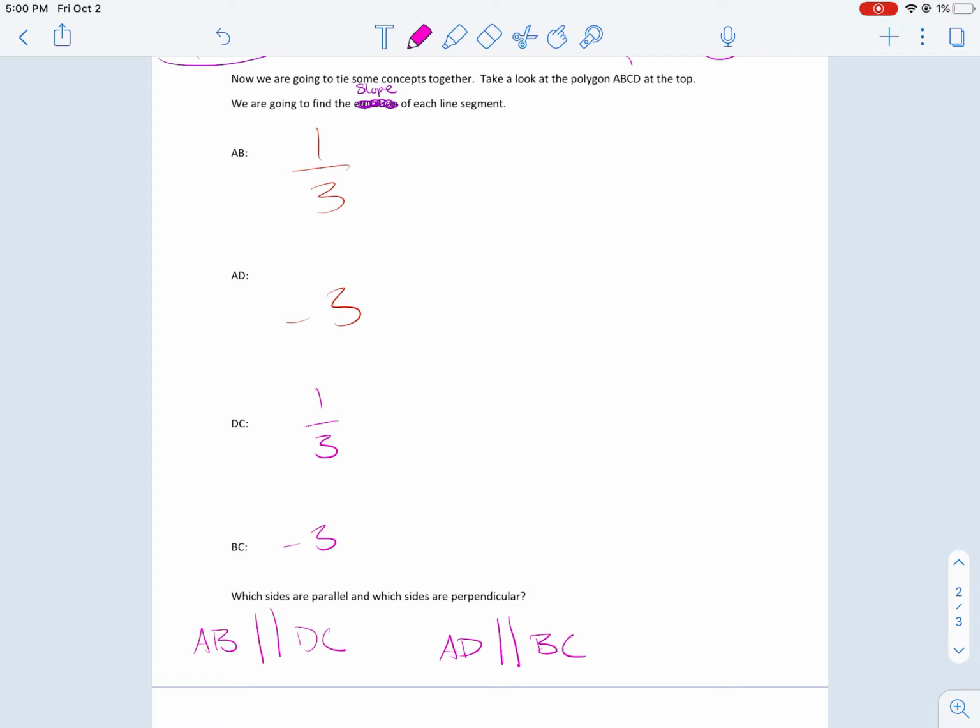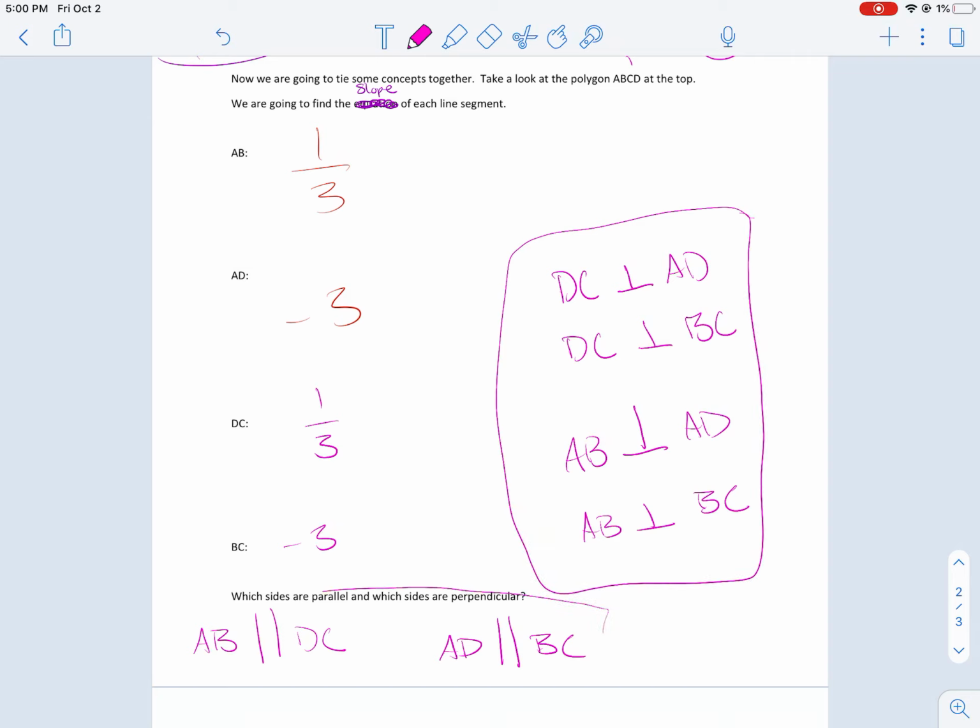And finally, I can say AB is perpendicular to AD, and AB is also perpendicular to BC. And then also, DC is perpendicular with AD, and DC is perpendicular with BC.